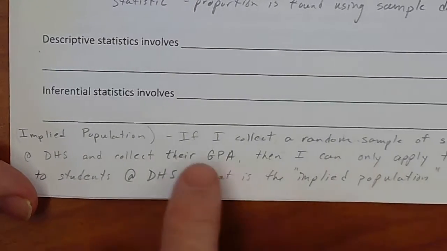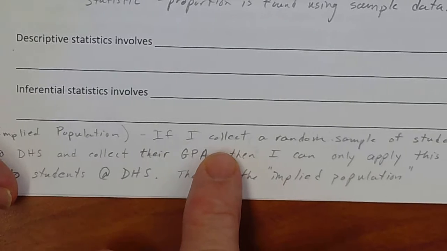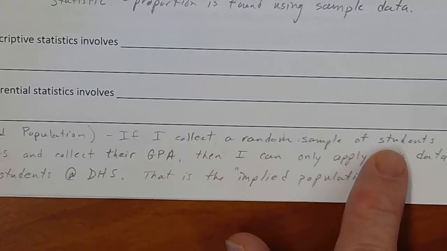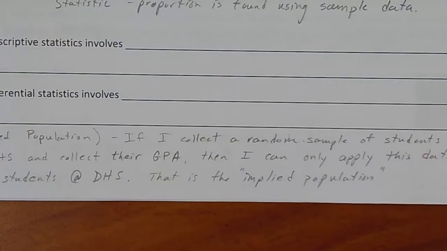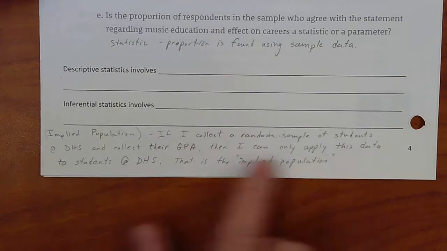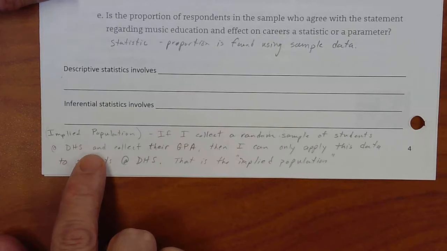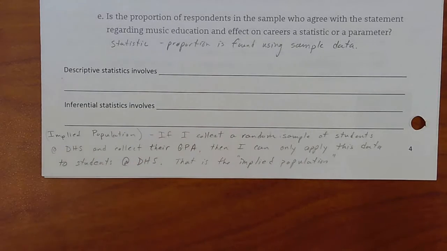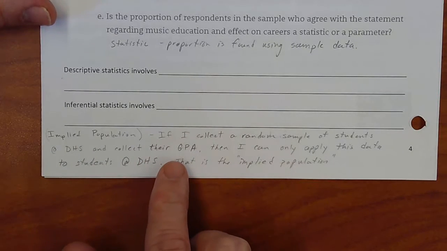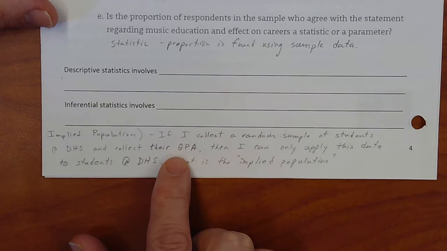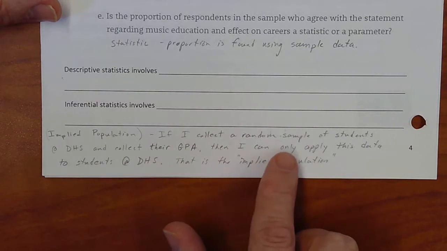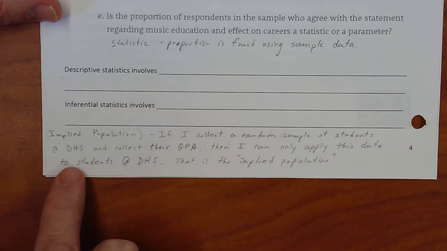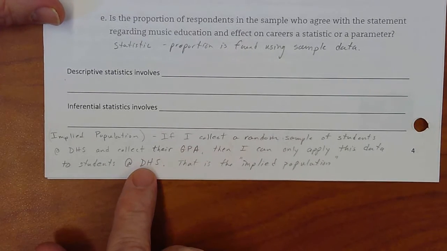Write this down: if I collect a random sample of students at DHS and collect their GPA, just use that, it's an easy example to rely on, then I can only apply this data to students at DHS.